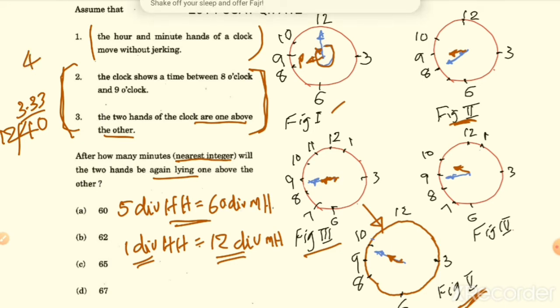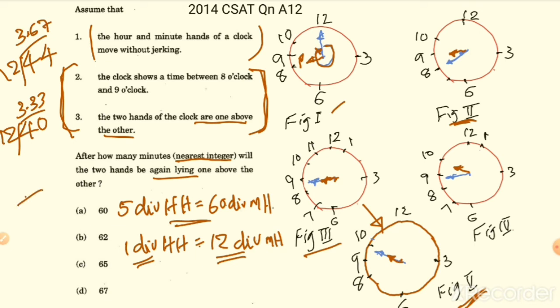When it is 44 minutes, the hour hand moves by 3.67 divisions. That means both the hands will be one upon the other at the 44th minute.